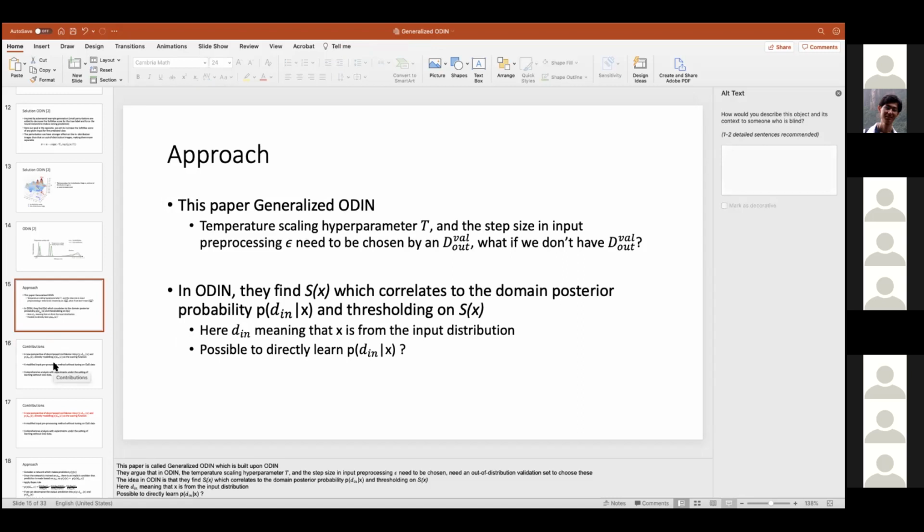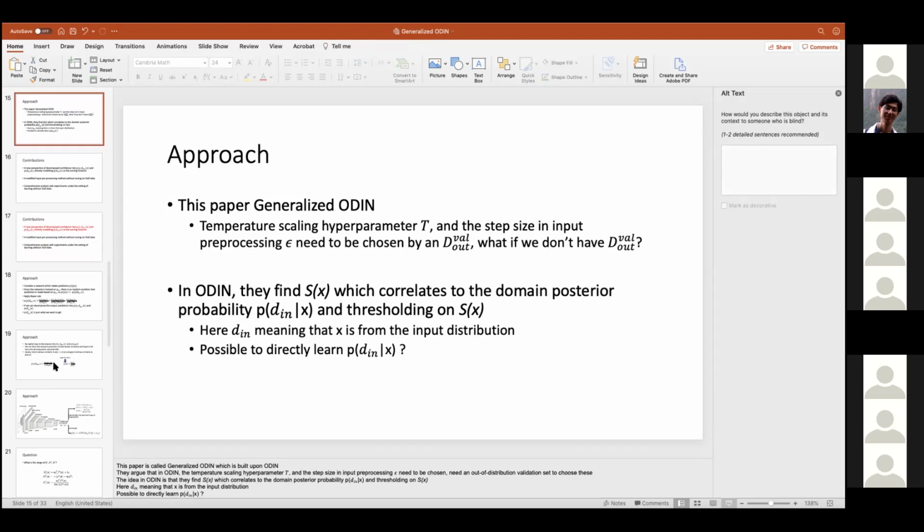They want to learn out-of-distribution samples without looking at any out-of-distribution data. They actually want to search for the best hyperparameter. They only need an in-distribution validation set. They don't need an out-of-distribution validation set.